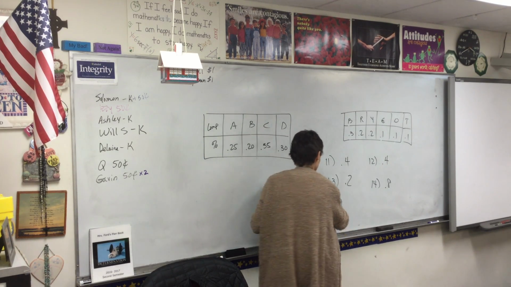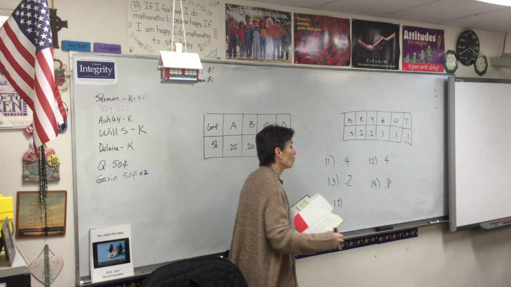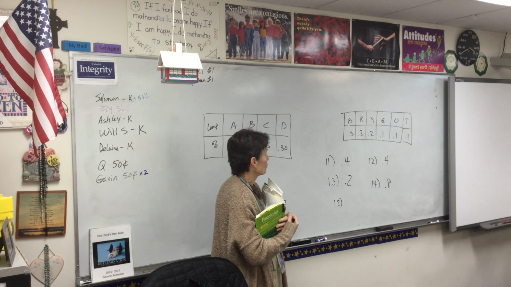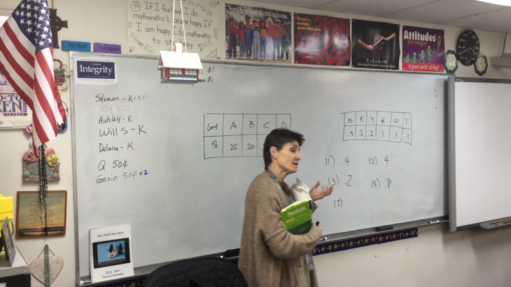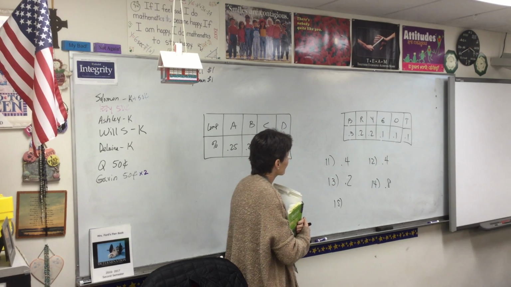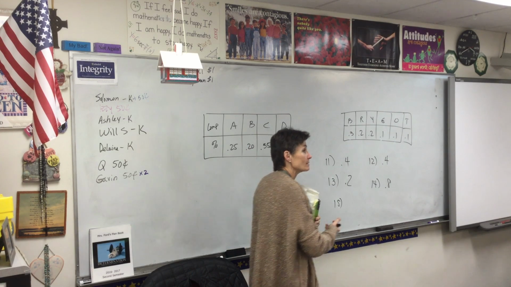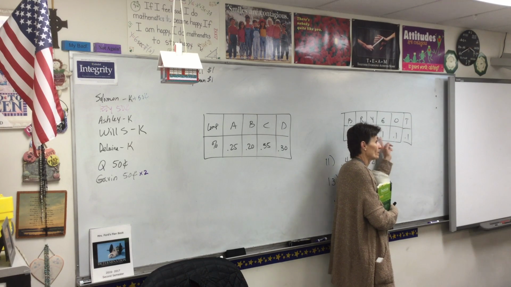And then 15. Neither orange nor yellow. So you're going to reach in and grab one, but it can't be orange or yellow. What are you saying? 0.7? You're right. Because orange or yellow would be 0.3.